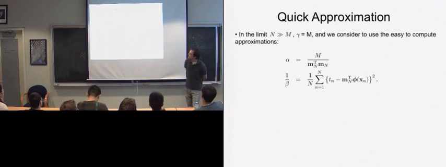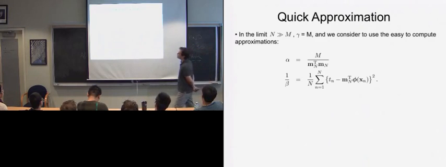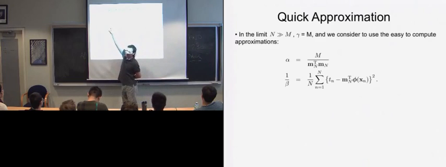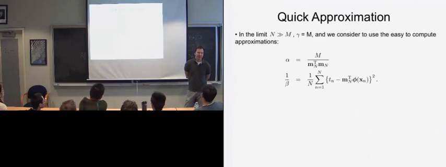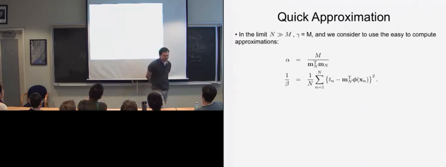Now, in the limit, as n becomes much bigger than m, then you can basically just do the simple approximation. This is effectively saying that the precision, or 1 over alpha, which is the variance, is going to be given by looking at the posterior mean and computing the variance of it.